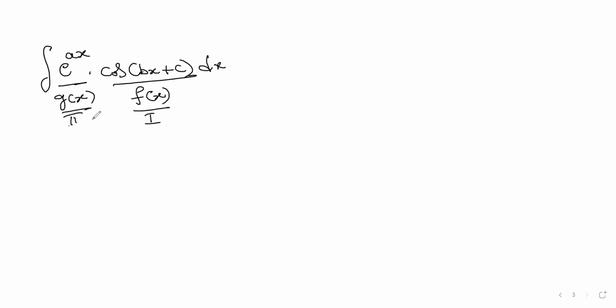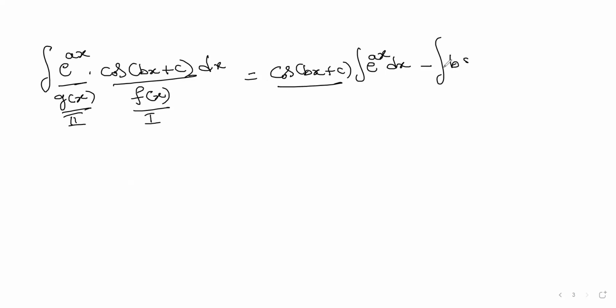Okay. And now let's put up the formula. So it is f of x, that is cos of bx plus c, into the integral of g of x dx, that is the integral of e power ax dx. Okay. That is the first part. And then the second part of the integral is the derivative of cos of bx plus c. What is the derivative? That is b times sin of bx plus c. I will write plus. Why?